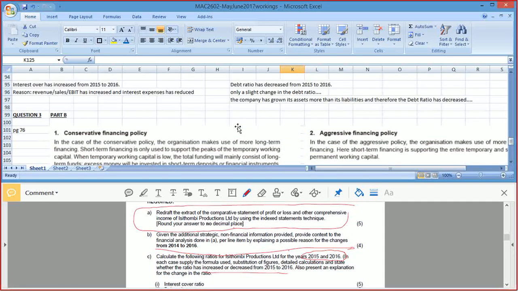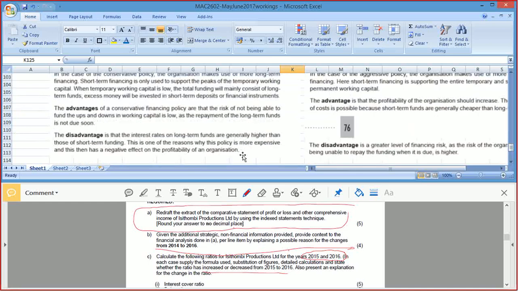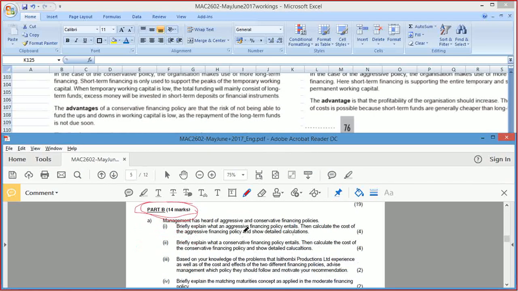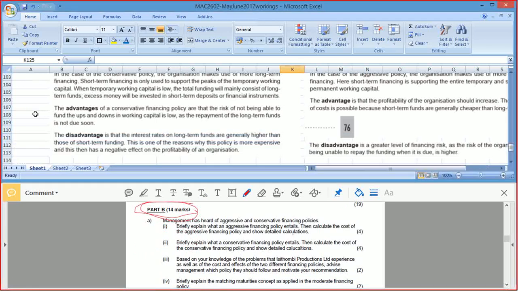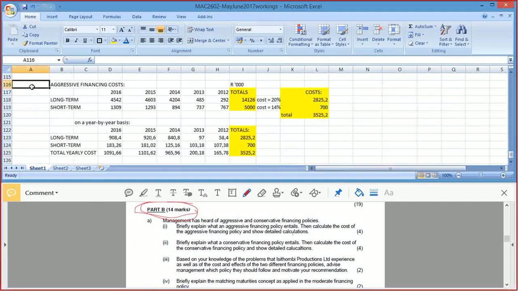But anyway, okay, that was part B, right? Yes, sir. Part B1, 4 marks. Okay, so part B2: briefly explain what conservative is, calculate the cost of conservative finance. So I've actually done 1 and 2 together.